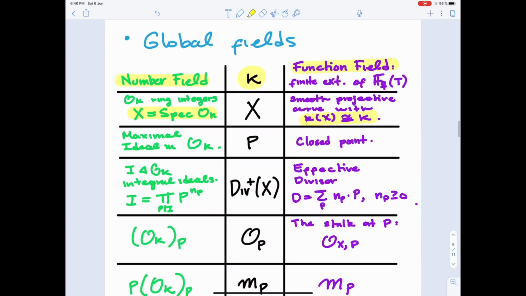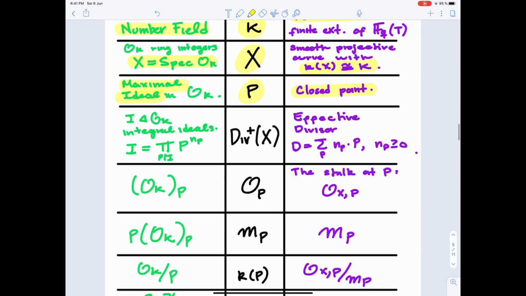I'm going to denote by P, in the number field case, a maximal ideal or a closed point of X, the prime spectrum. In the function field case, P is going to denote a closed point. By D plus of X, I mean the effective divisors. In the number field case, if you don't know what that is, you can just think that an element of D plus of X is going to be a non-zero integral ideal.